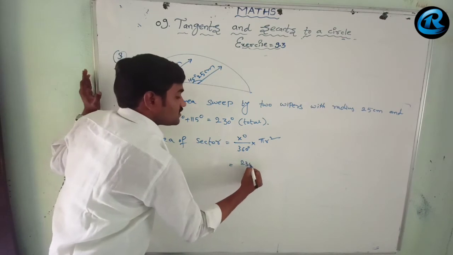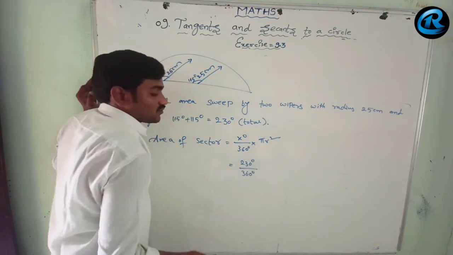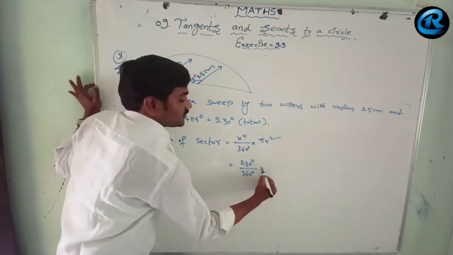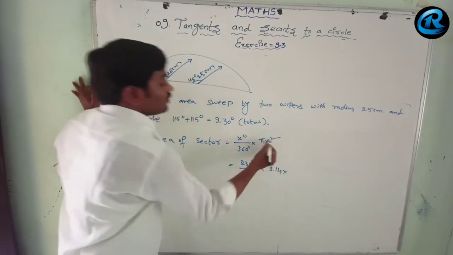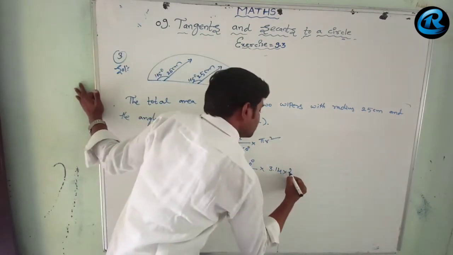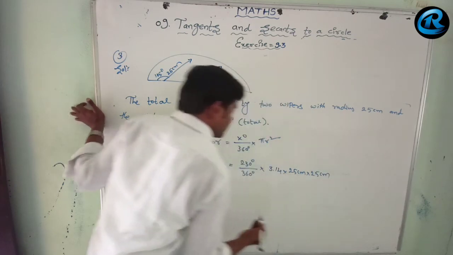Here x degrees is 230 degrees, so 230 by 360 into the pi value. Here we can use 3.14 into r, that is 25 centimeters into 25 centimeters.